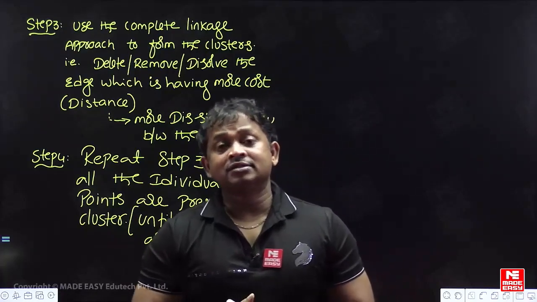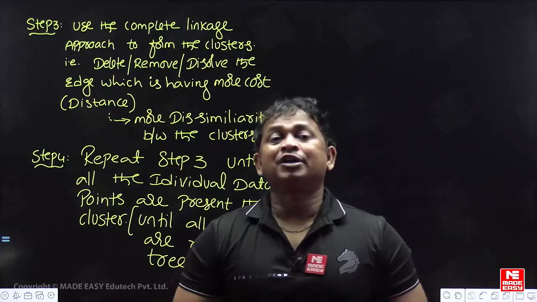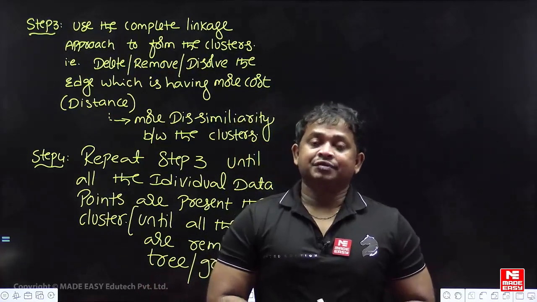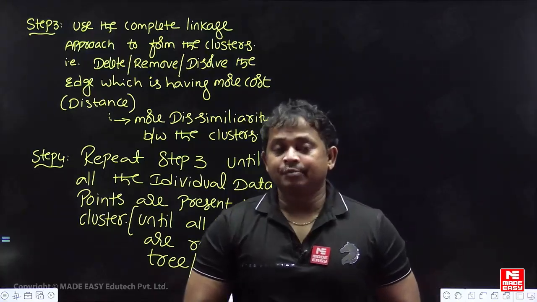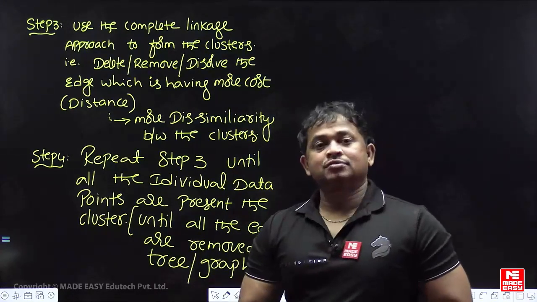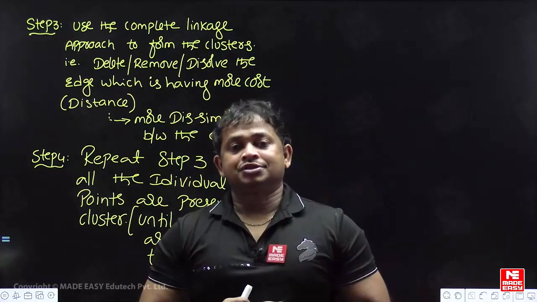More dissimilarity means more cost or more distance. So that is the reason after creating the total minimum spanning tree, remove the edge which is having the more cost. Okay, so when you remove the edge, that becomes 2 clusters.